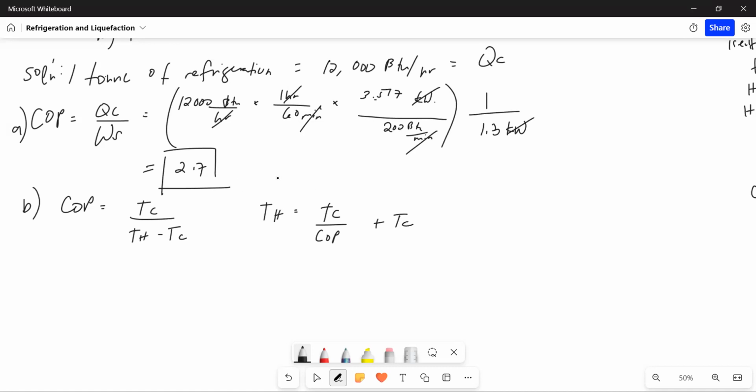TC is given, and COP we already know. Solving for TH, this is just 322 Kelvin.